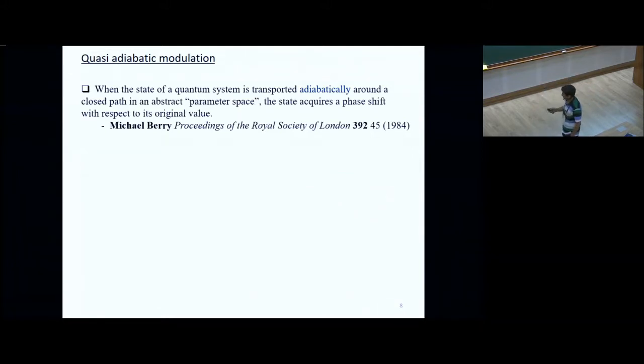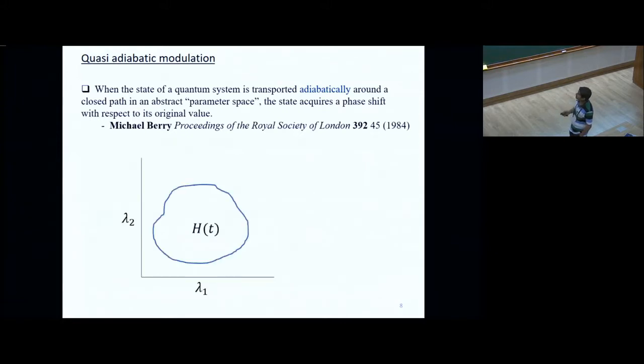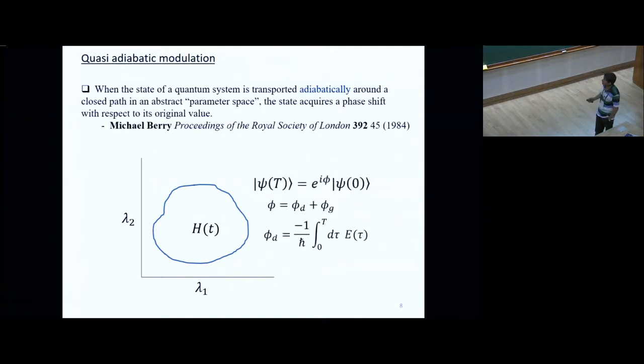So what happens here? In this case, you take this Hamiltonian and you vary two or more parameters. You at least need two parameters to vary, and these should be independent. Your state, when you come back after some time period t, develops a phase, and you can show that this phase has the usual dynamic contribution, which comes because your eigenenergies are changing in time, and you have to integrate over it.